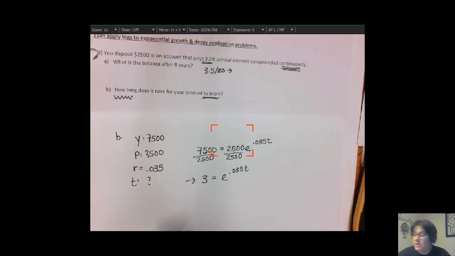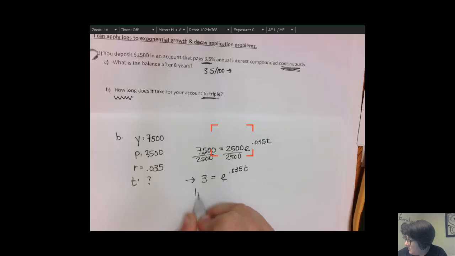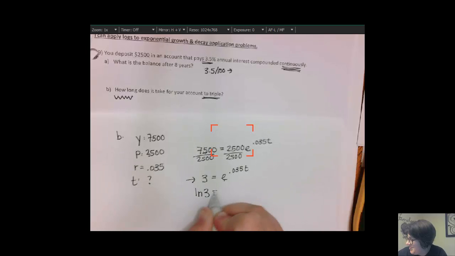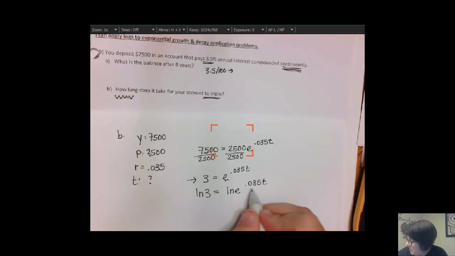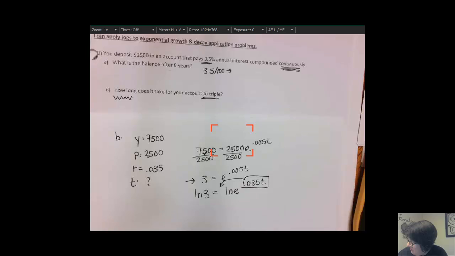Now we're going to log both sides. You can use log or natural log. I'm going to use natural log because of the e, and you'll see where a step has been shortcutted. So natural log of 3 equals natural log of e to the 0.035t. The whole reason for putting the log in the first place is so that you can take the exponent and put it out front.